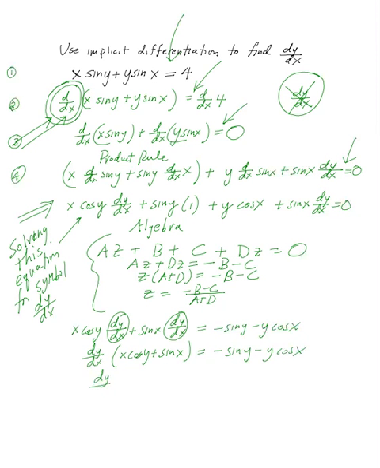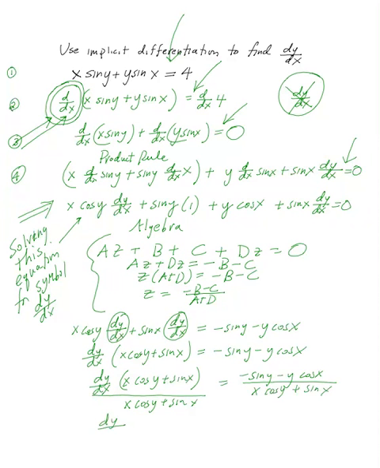So, to undo multiplication, I divide. I divide this left-hand side by x cosine y plus sine x. I divide the right-hand side by x cosine y plus sine x. So I get the derivative of y with respect to x equals this.